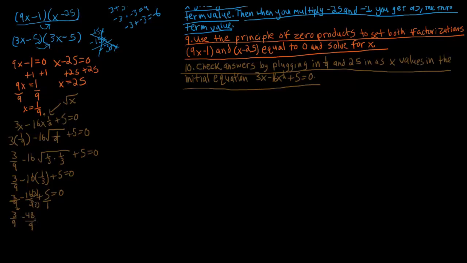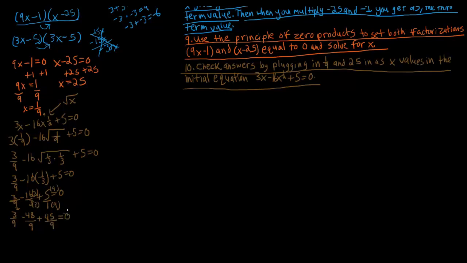And then 5 times 9 on the numerator and denominator will give us 45 over 9 equals 0.